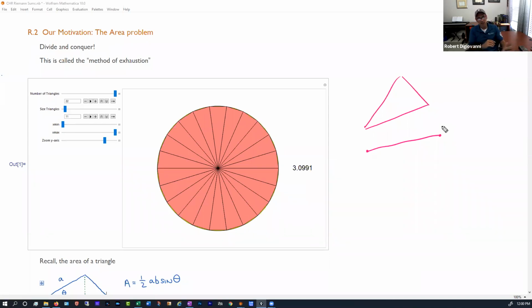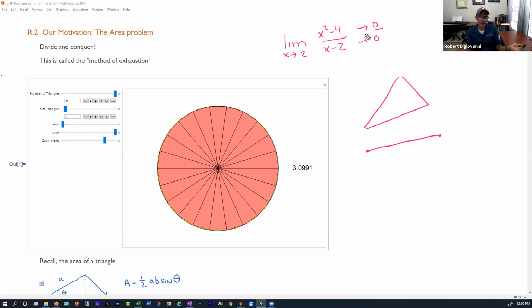Like back in Cal 1, when you first are being taught the limit, you could have something like this. What's the limit as x goes to 2 of x squared minus 4 over x minus 2? Well, if we let x go to 2 here, we wind up getting 0 on top and 0 on the bottom. So we get 0 over 0.